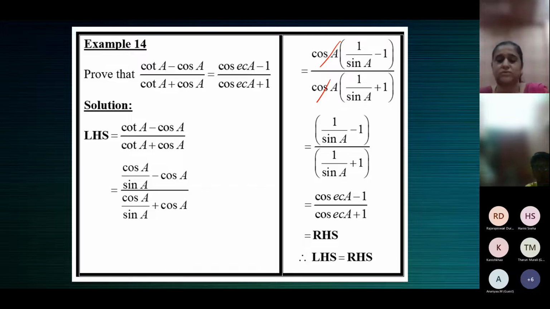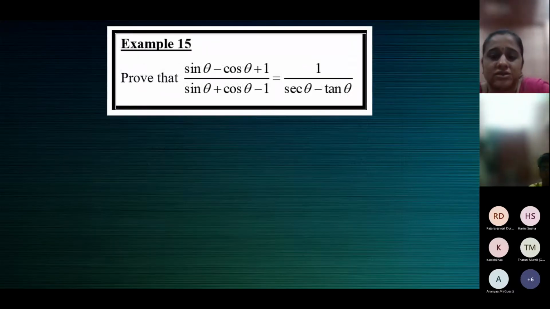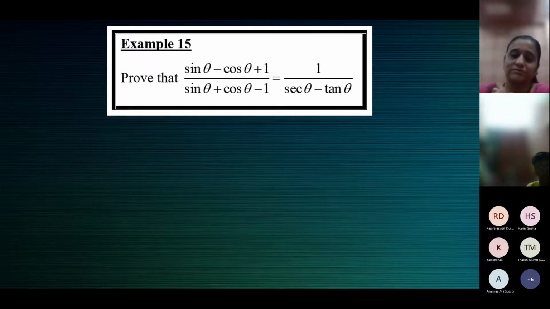Yes, ma'am. See the next one. Prove that (sine theta minus cos theta plus 1) by (sine theta plus cos theta minus 1) is equal to 1 by (secant theta minus tan theta).